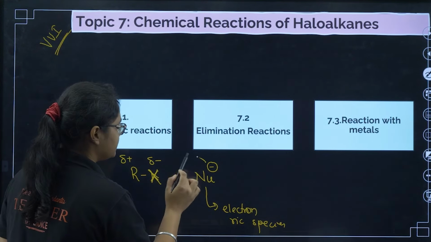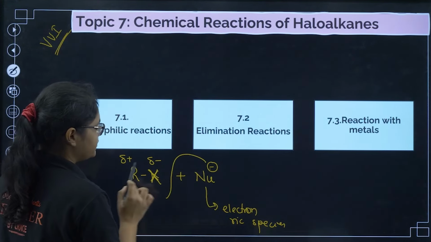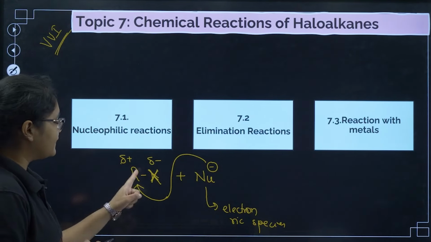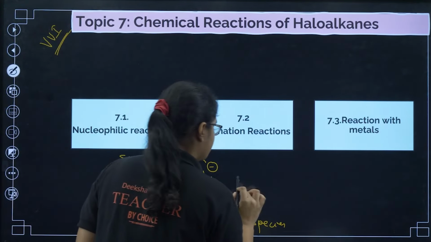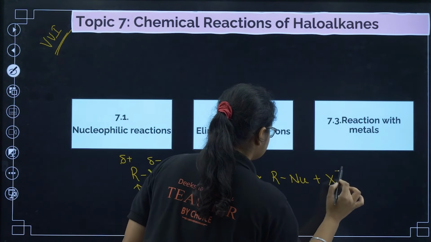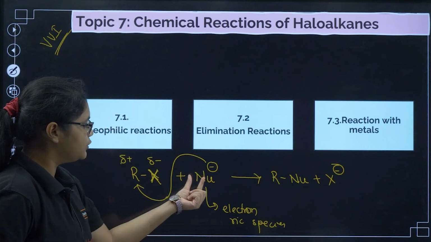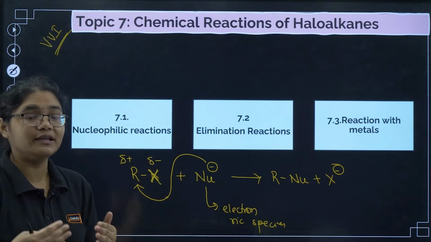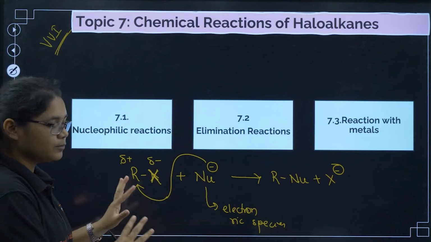So this nucleophile, since it is electron rich, will attack this electron deficient R group, and X will go out. So I will get R-Nu plus X minus. The nucleophile has substituted the X group, that is why it is called nucleophilic substitution reaction. I hope this is clear.